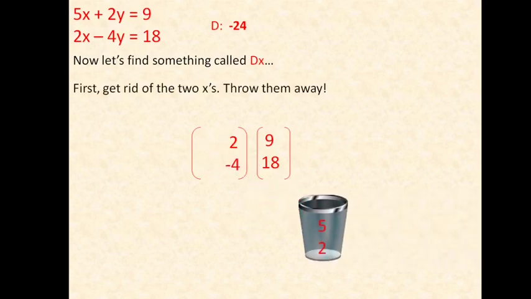We are taking out 5 and 2 from our matrix, and in the place of 5 and 2 we will take 9 and 18, which are there in your second matrix. So these two, 9 and 18, will take the position of 5 and 2.